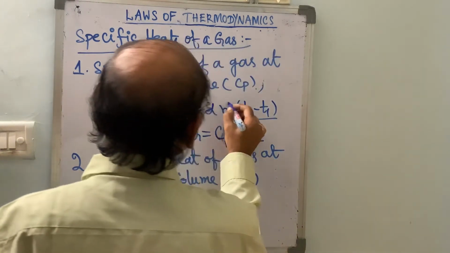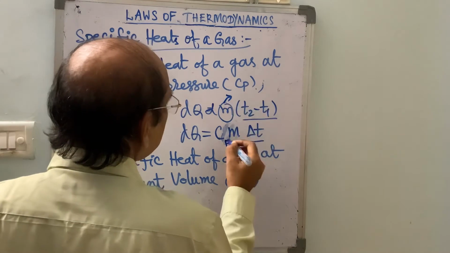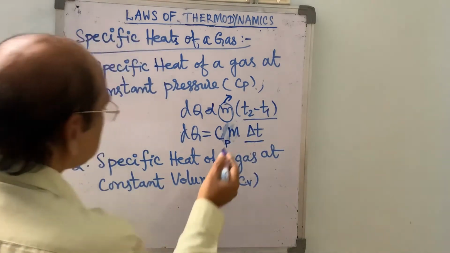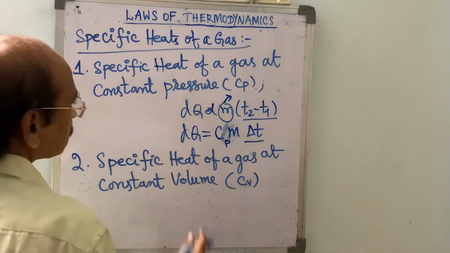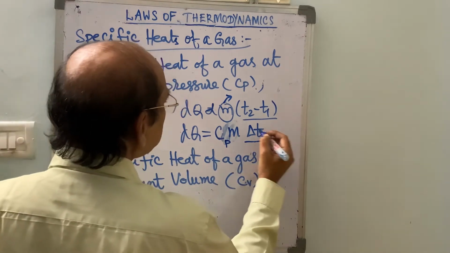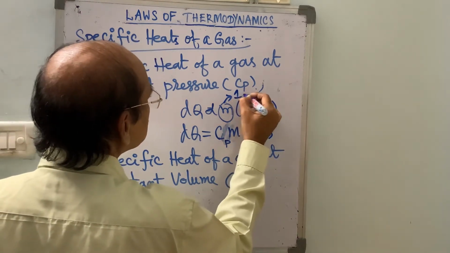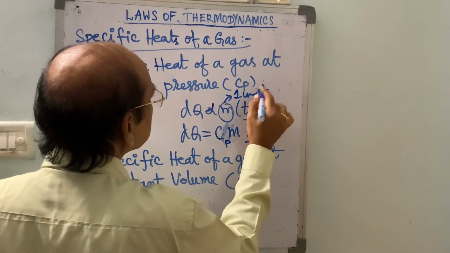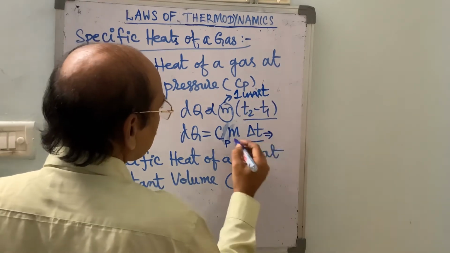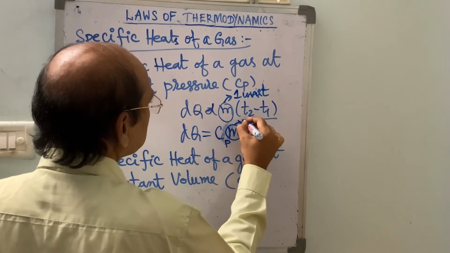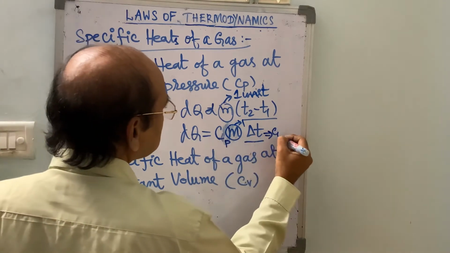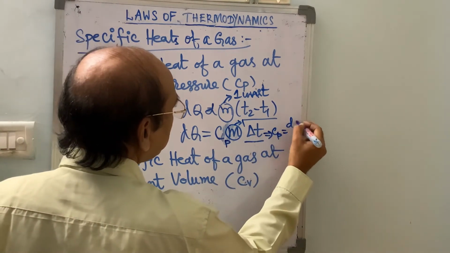So when it is unit mass, m is equal to 1. Therefore, Cp is equal to dq by dt.